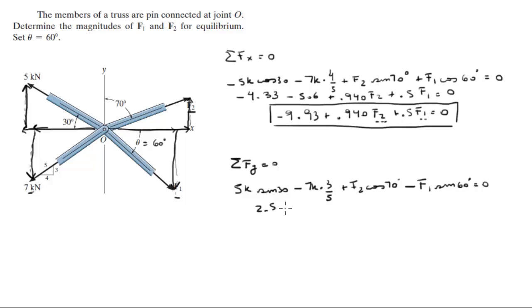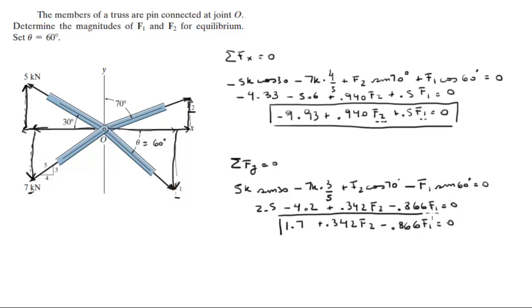This is 2.5 minus 4.2 plus 0.342 F2. 0.342 is cosine of 70 minus 0.866 F1 is equal to 0. So this is 1.7 plus 0.342 F2 minus 0.866 F1 is equal to 0. This is going to be my second equation.